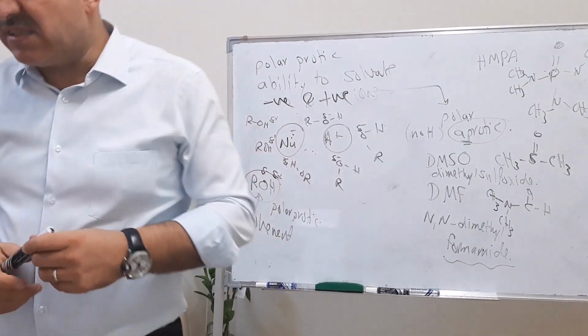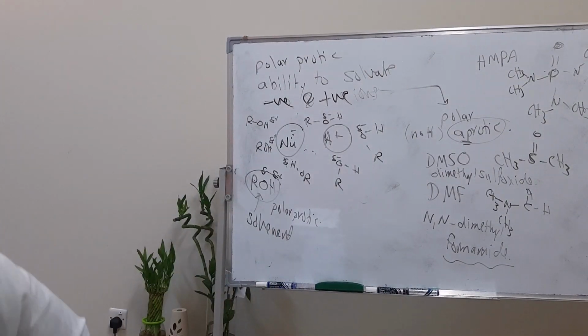Is that clear, guys? The polar protic solvents have the ability to solvate both the anions and the cations, because they have two ends, one positive and one negative. The positive will surround the negative, and the negative will surround the positive, because it's all about attraction forces. Is that clear?